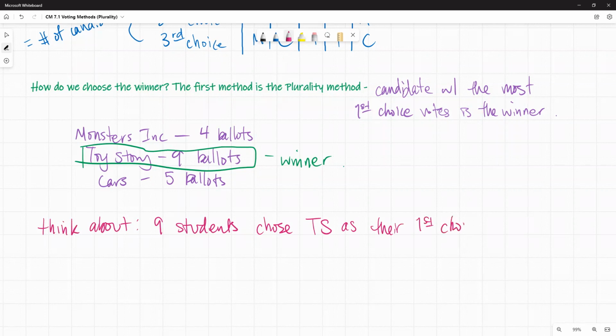And that's nice, but we also want to think about the fact that 7 students voted it as their third choice.